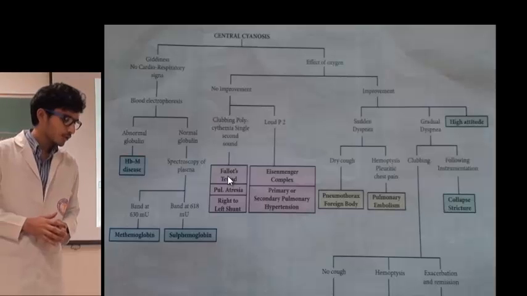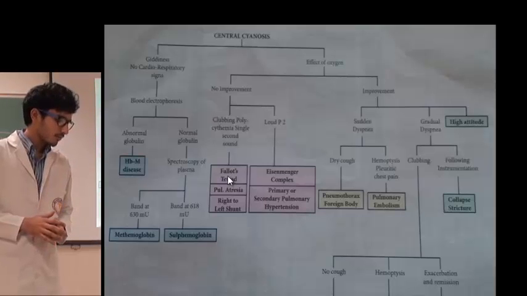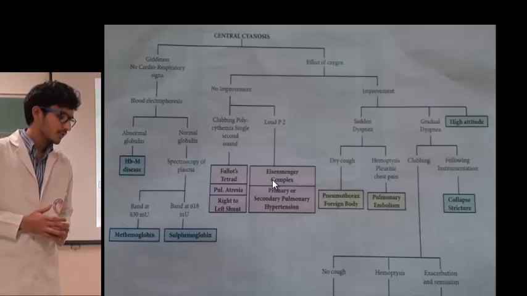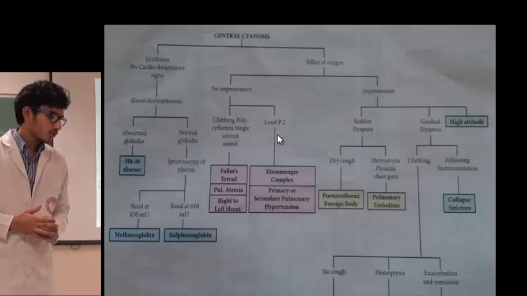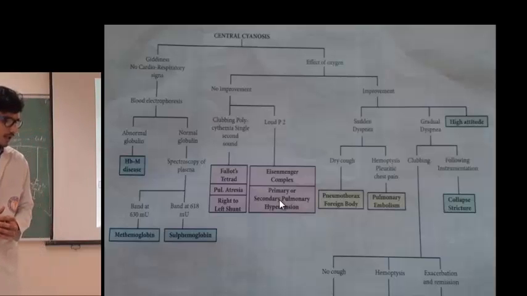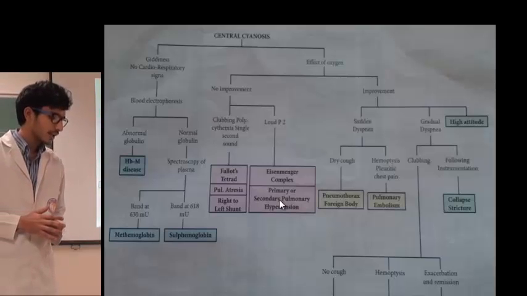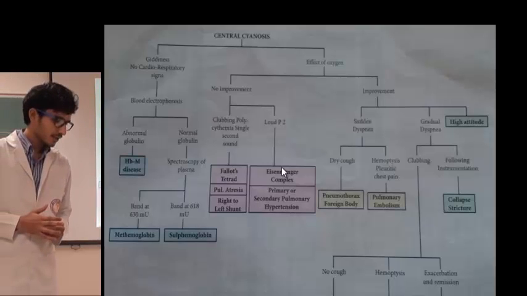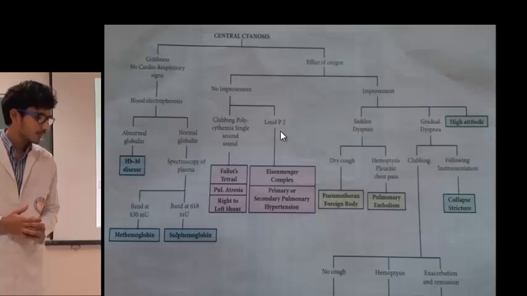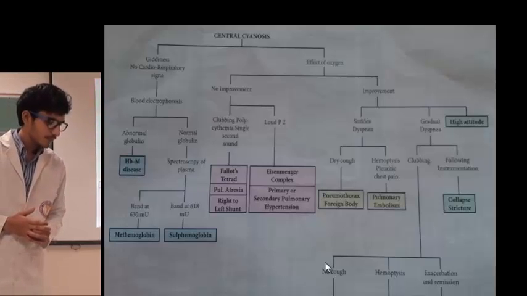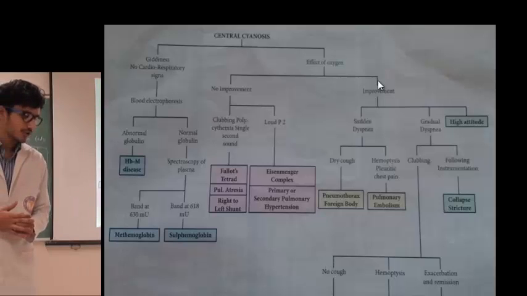Similarly, if a loud P2 is found in a patient of central cyanosis, there can be Eisenmenger complex, which includes a pulmonary vasoconstrictive disorder with right to left shunt. Similarly, any type of primary or secondary pulmonary hypertension would also lead to a loud P2 in central cyanosis.